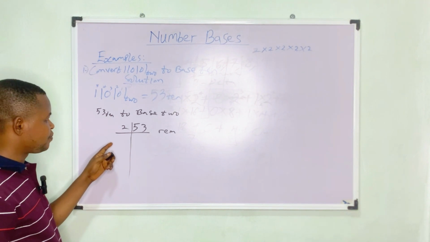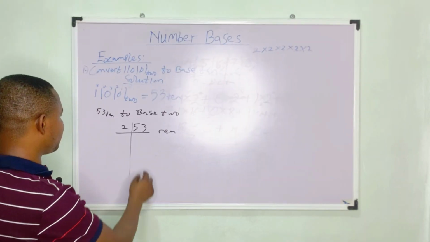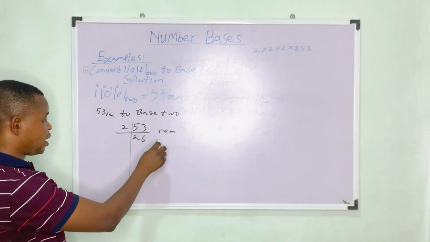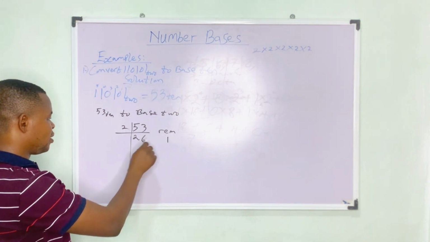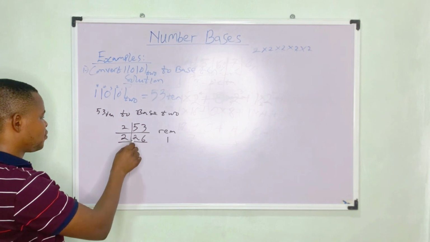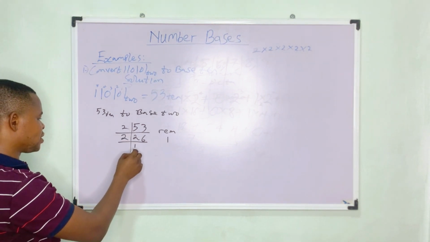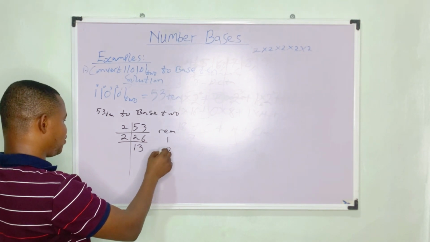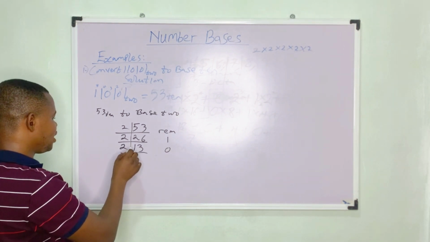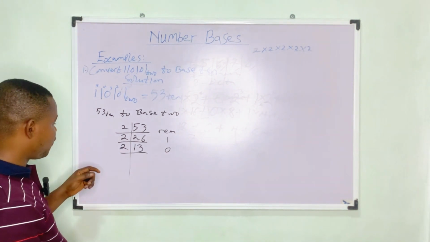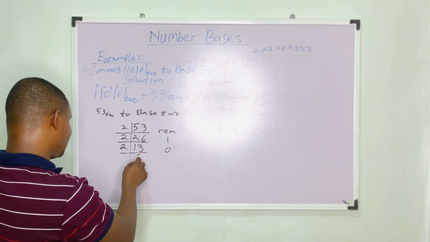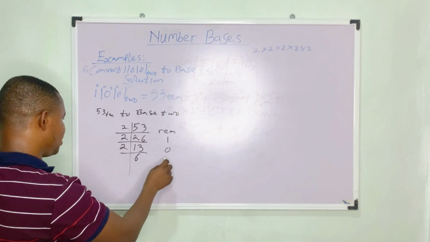53 divided by 2. That will give us 26. 26 times 2, that's 52. Then we have remainder of 1. 26 divided by 2 also will give us 13, remainder of 0. 13 divided by 2 will give us 6. 6 times 2 is 12.